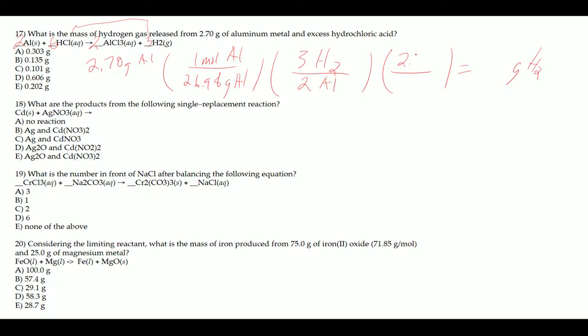The molar mass of hydrogen is 2.02 grams per 1 mole for hydrogen gas, 1.01 for each atom. There's 2 atoms, so 2.7 divided by 26.98 times 3 times 2.02 divided by 2 for 17.